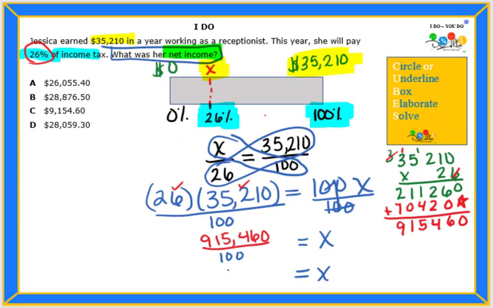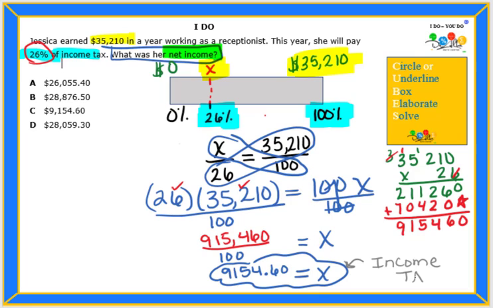So we're going to have 9154.60. So $9,154.60. This right here is our income tax. And we're going to go ahead and label it.